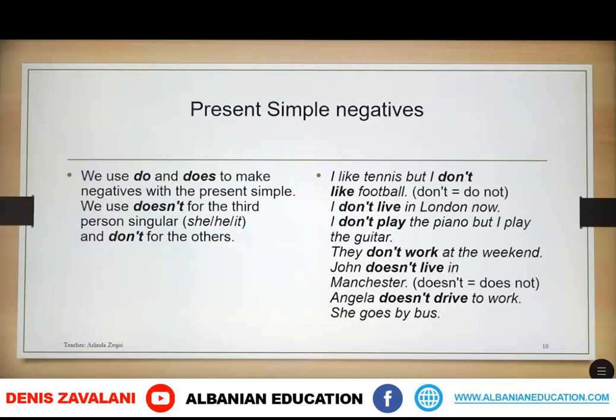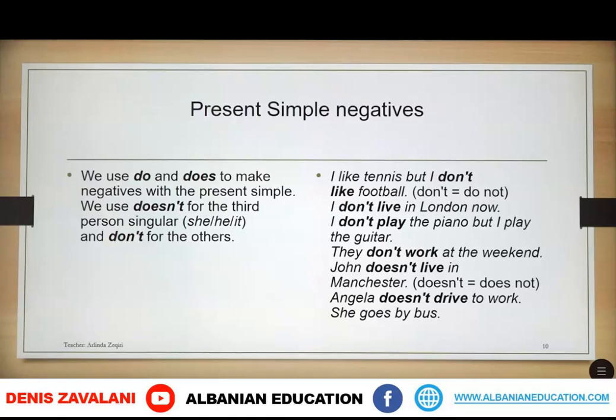When we want to make negative sentences in present simple, we usually add the negative word not to do and does. We use doesn't for the third person singular, and we use don't for the other persons. For example, I like tennis, but I don't like football. We contract do not by removing the o and putting the apostrophe.